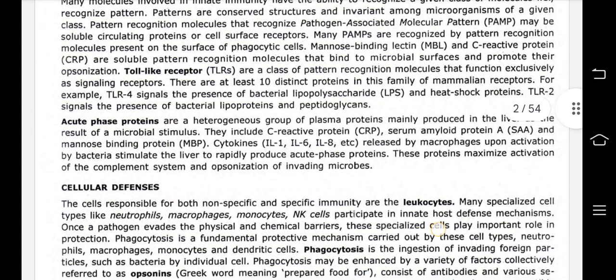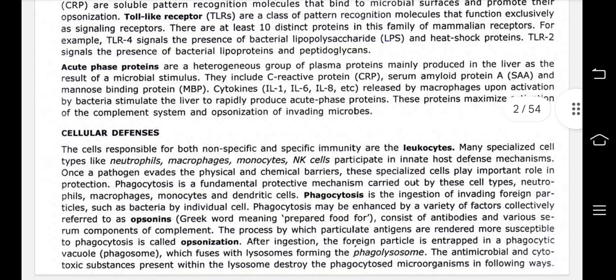Then acute phase proteins are a heterogeneous group of plasma proteins mainly produced in the liver as the result of a microbial stimulus. They include C-reactive protein, CRP, serum amyloid protein A, SAA, and mannose binding protein, MBP.